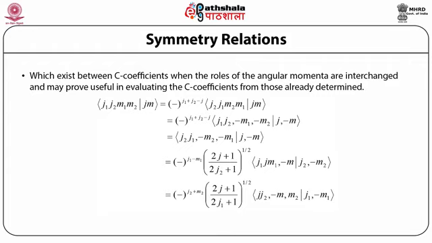This can also be written in the form of another Clebsch-Gordan coefficient as (−1)^(j1+j2−j) times ⟨j1 j2 −m1 −m2|j −m⟩. In terms of a third Clebsch-Gordan coefficient, we can write this as equal to ⟨j2 j1 −m2 −m1|j −m⟩.